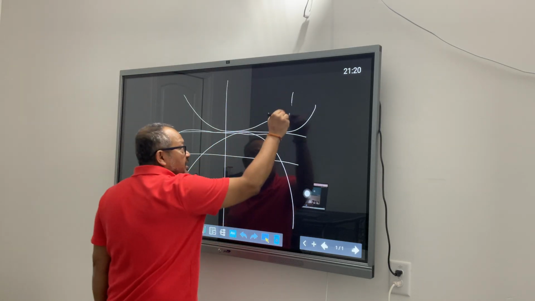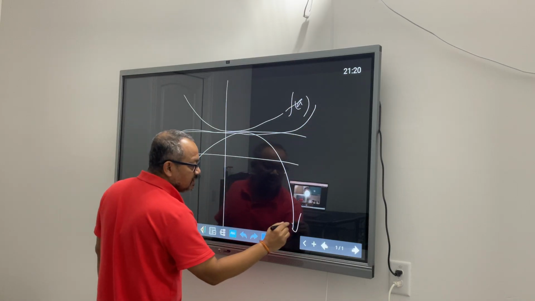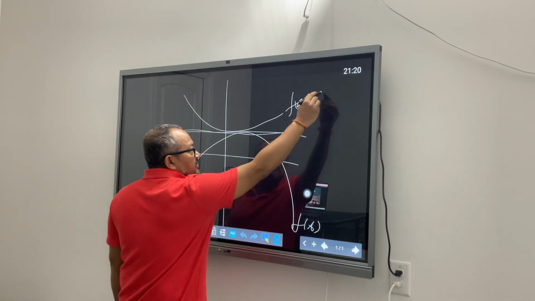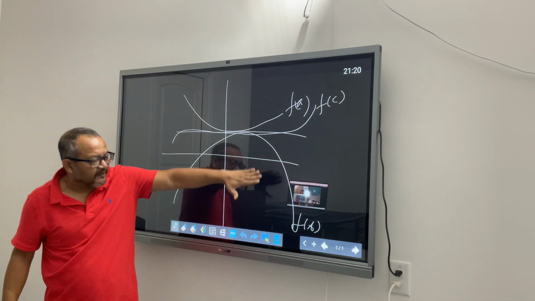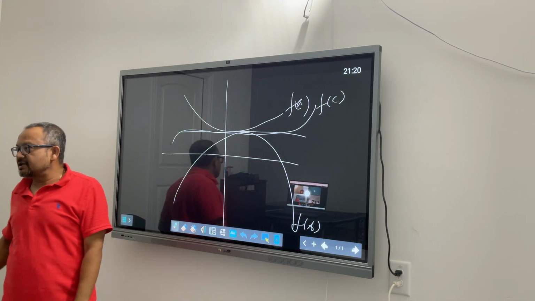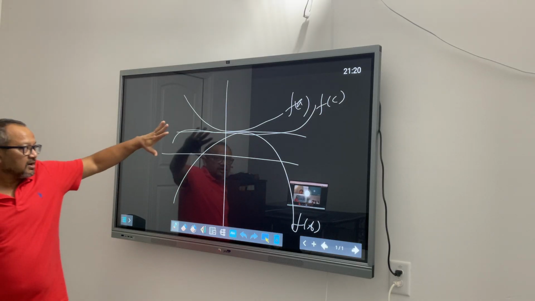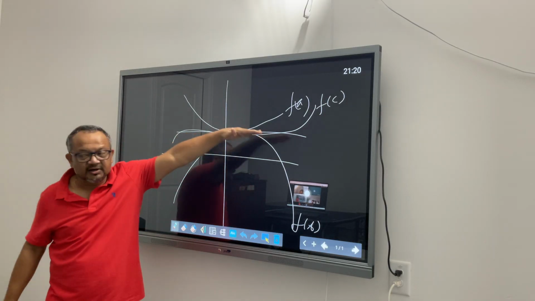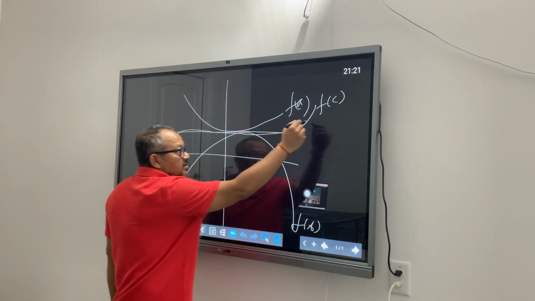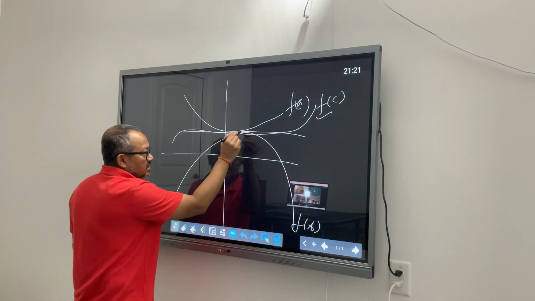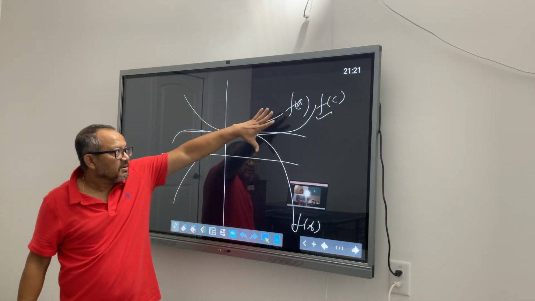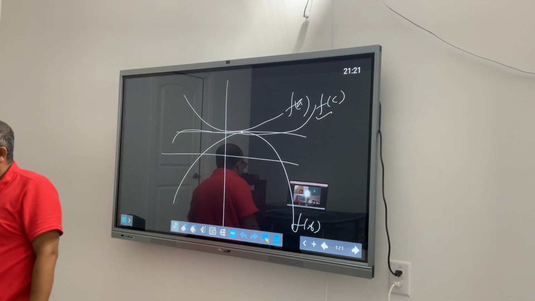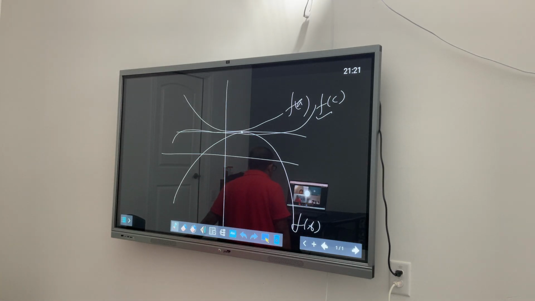This is function A, this is function B, and this is function C. So function C is squeezed between function A and function B. As long as these two functions define the boundary for the function in between, this function's limit will be equal to the limit of the other two functions if they are approaching the same value. Yeah, that's what you said, Chris, right?